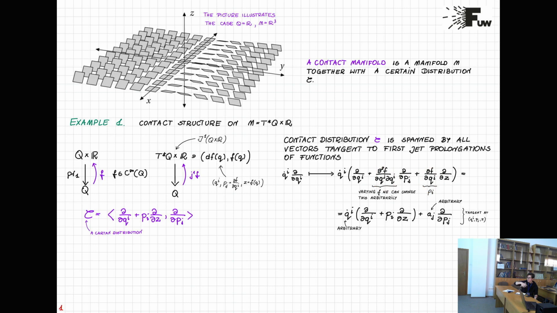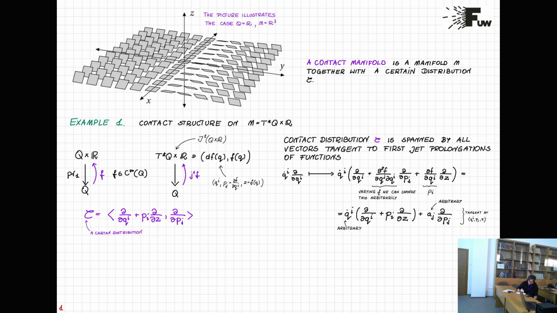So when I span the distribution using these vectors, I finally get to the conclusion that the distribution is spanned by such vector fields. I have n of them, if n is the dimension of Q, I have n vector fields like that in coordinates. And there are also n vertical vectors, and the fact that they are just simple vertical vectors, nothing very fancy, comes from the fact that those second derivatives can be arbitrary.